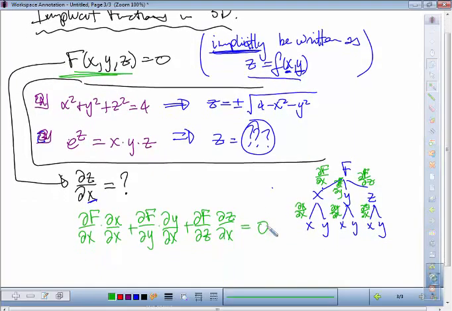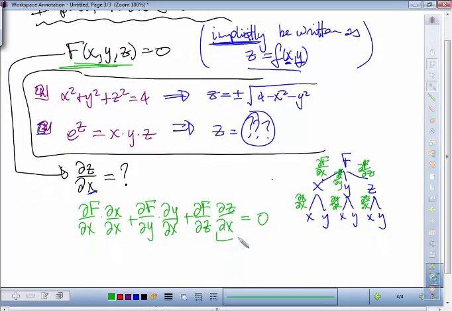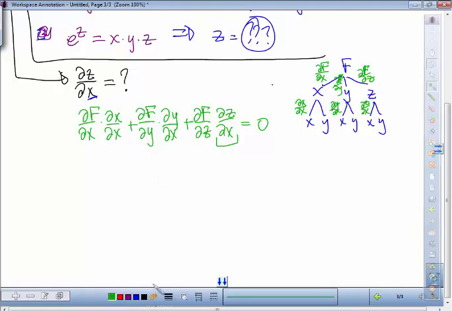So what we have here is, this is what we're looking for, dz dx. So if we just bring everything to the other side, let's see what happens. dz dx is equal to, so this thing has a coefficient that I'm going to divide by.